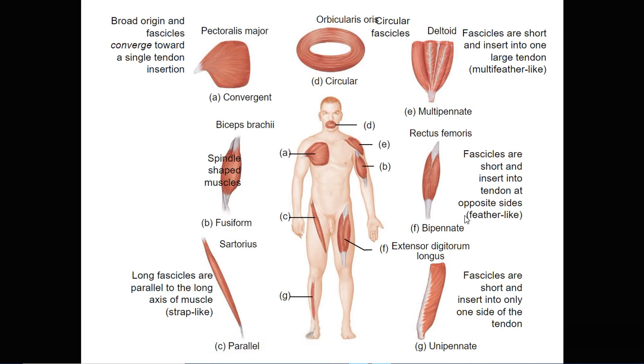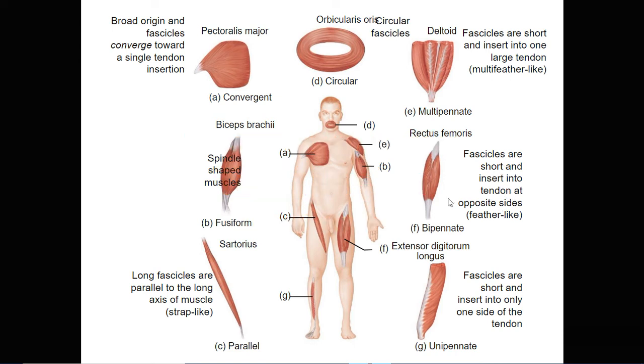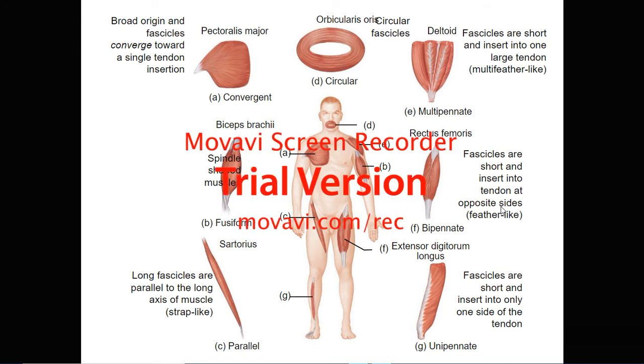Bipinnate is the shape in which the fascicles insert into the tendon from opposite sides, so the muscle looks like a feather. The rectus femoris, a thigh muscle, is a bipinnate example.